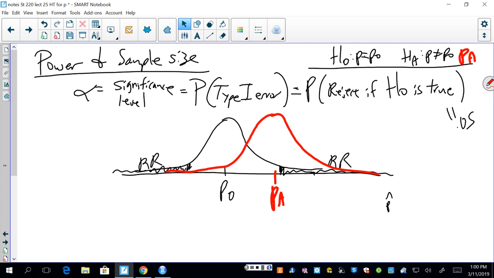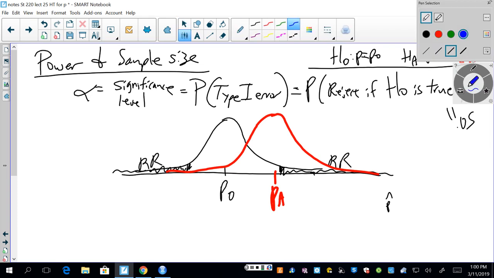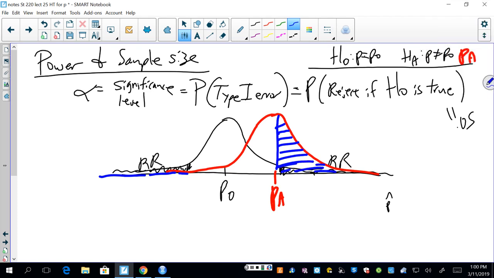And so power is the probability that we reject, that we're in the rejection region, given that the alternative is true. So under the alternative, there's just a tiny little sliver down here. It's usually really determined by one side. And the area under the red curve there, in the rejection region, right on top of that black rejection region.